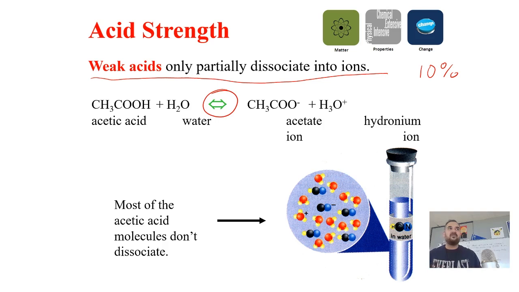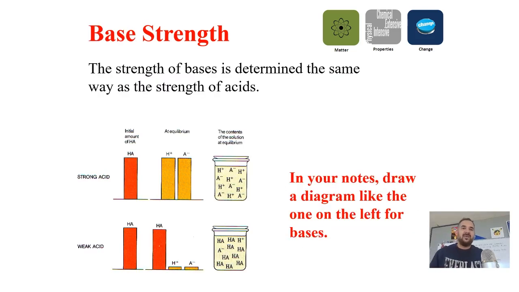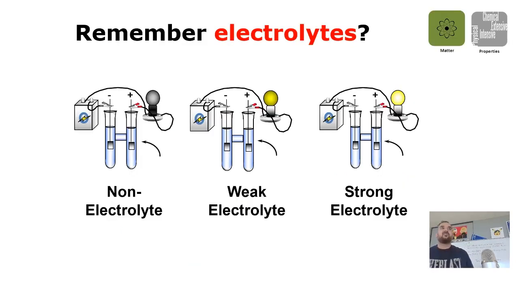So it just goes back and forth in this reaction. Let's keep going. With regard to base strength, a strong base is going to do the same thing as a strong acid. You get full dissociation. And then a weak base is going to do the same as a weak acid, where you get partial dissociation, somewhere around 10%.